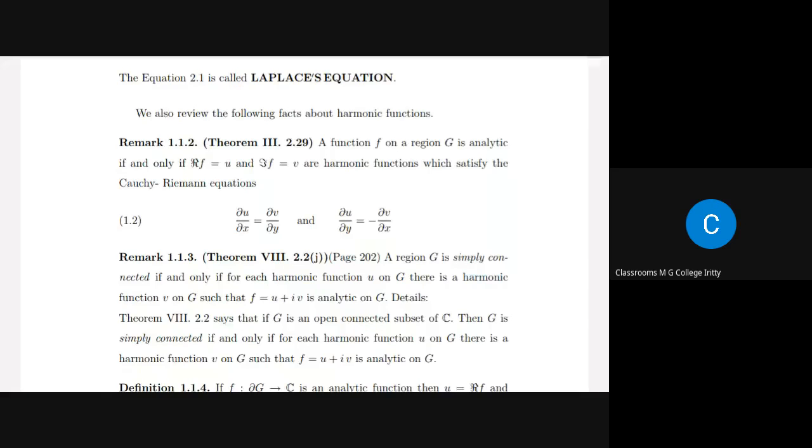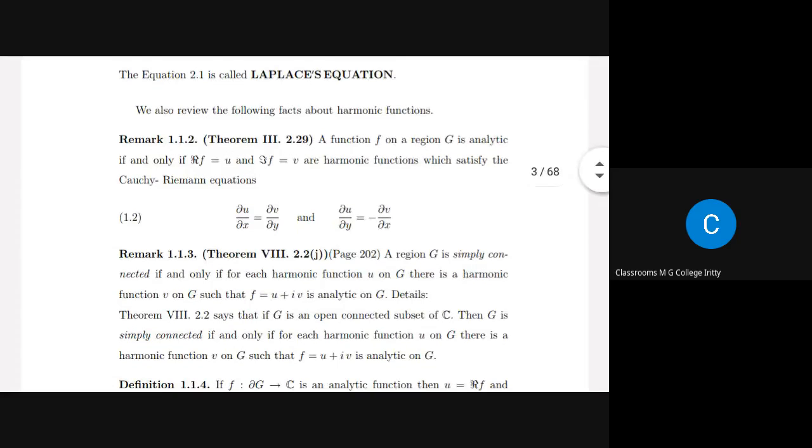Since vxy = vyx, we get uxx + uyy = vyx - vxy, which is equal to 0. So this satisfies Laplace equation. Therefore, u is harmonic. Similarly, we can handle v.